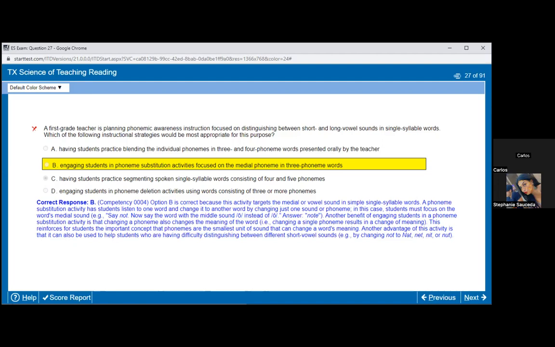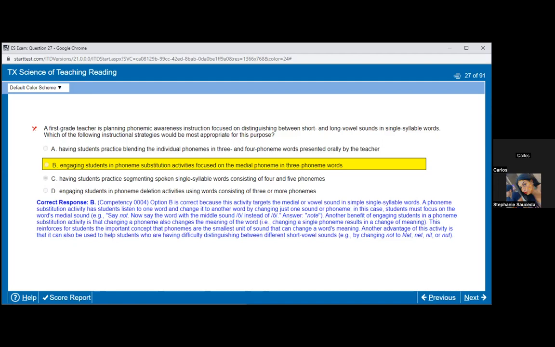Now, having students practice blending individual phonemes in 3 or 4 phoneme words presented orally by the teacher. Engaging students in phoneme substitution activities focused on the medial phoneme in 3 phoneme words. So that should have tipped you off automatically, because 3 phoneme words that are single syllable are typically CVC words, right?